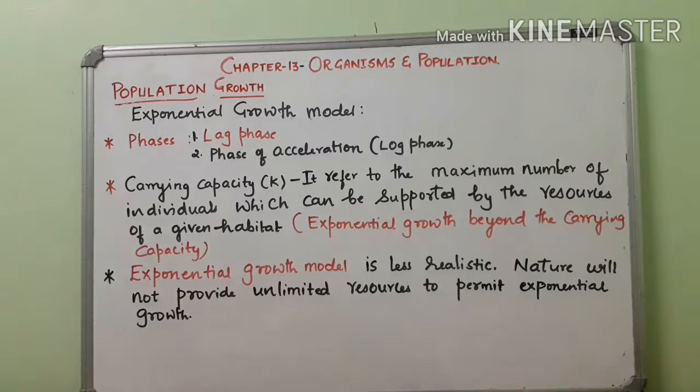In his Principles of Population, he discussed that the human population exhibits exponential growth. But in the current situation, due to the coronavirus disease, many people are dying because there is no medicine for that viral disease.